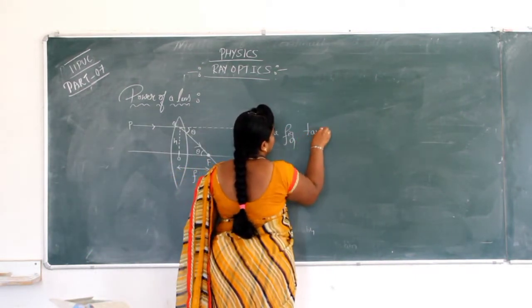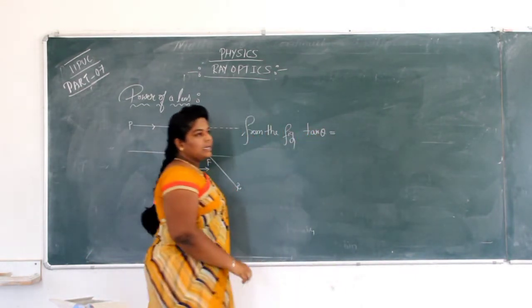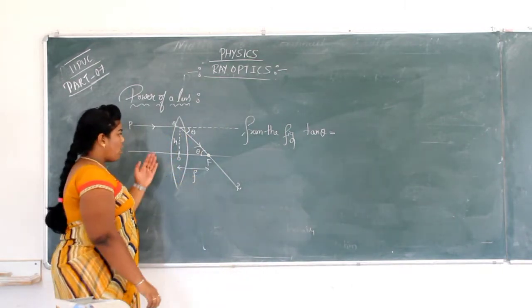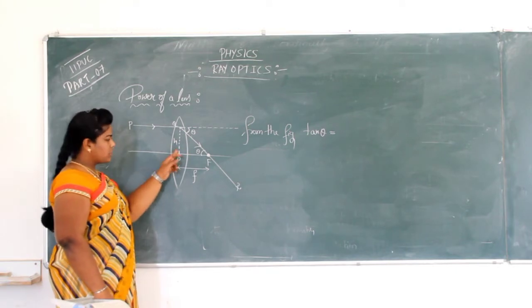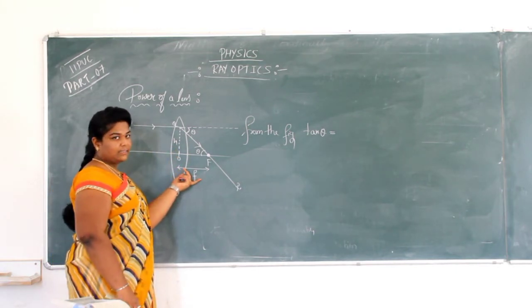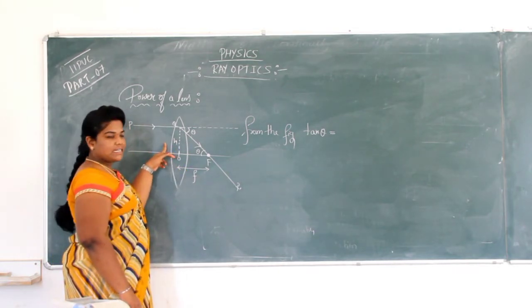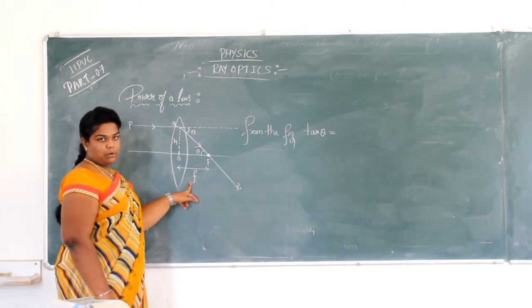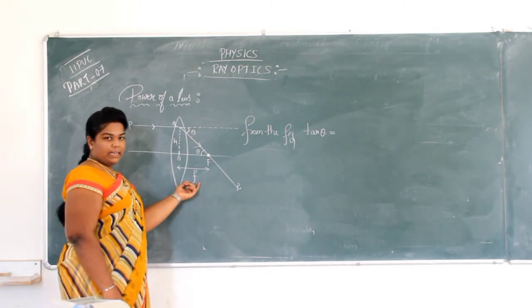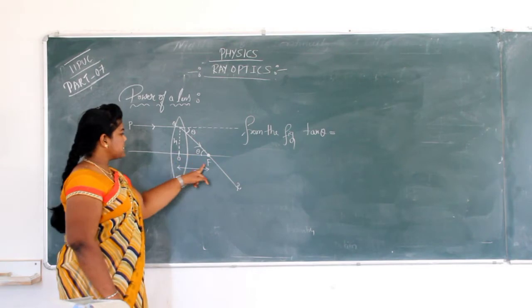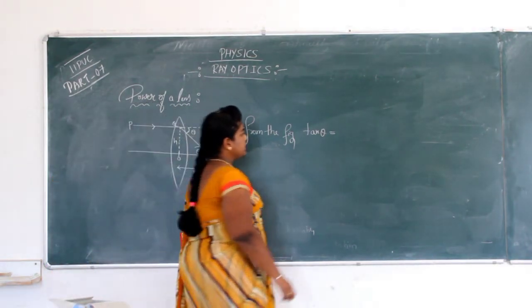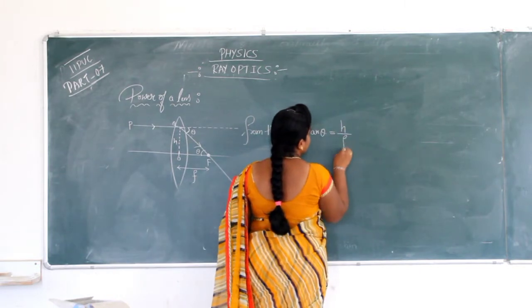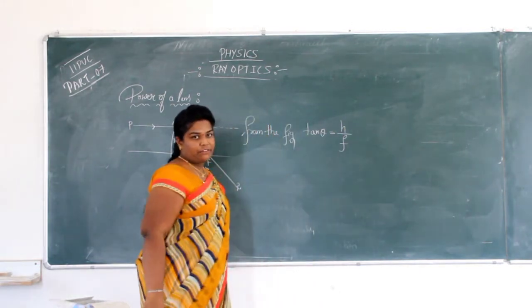According to mathematics, tan theta is opposite by adjacent. So opposite is h, adjacent is the focal length. This is a convex lens with focal length small f, where focal length is the distance between the optic center and the principal focus. So tan theta is equal to opposite by adjacent, that is h by f.